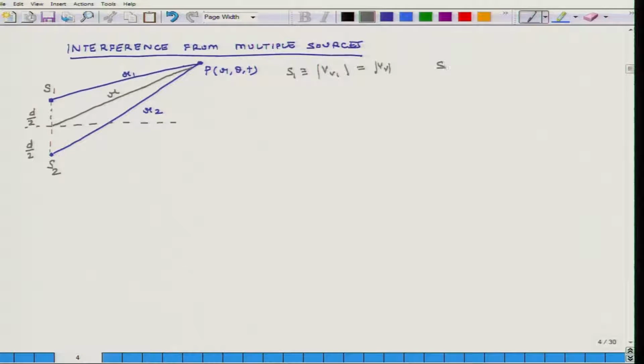Similarly, for S2 we have VV2, again with magnitude VV. But here we make one additional assumption which makes things relatively simple: the phase of VV2 minus that of VV1 is 0. Earlier we had assumed it was phi. The second thing is R is still very large compared to the distance between the two sources.